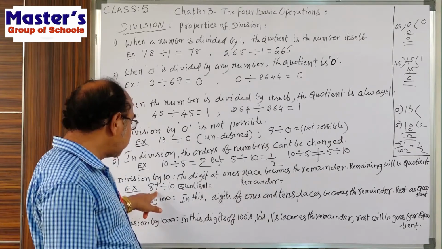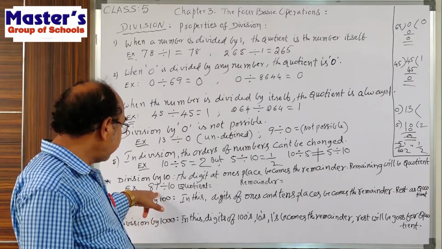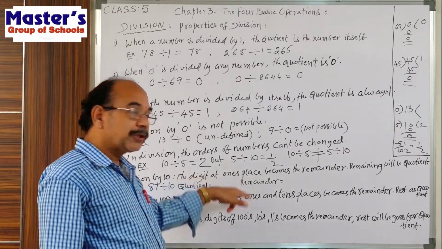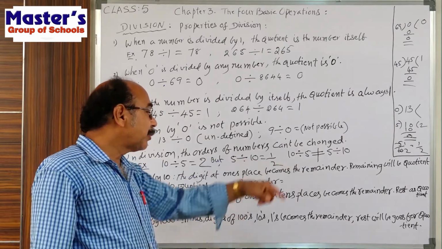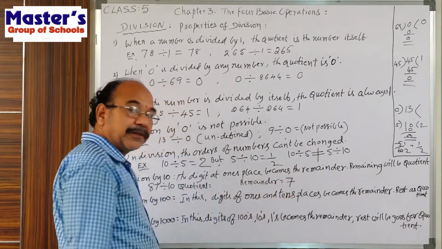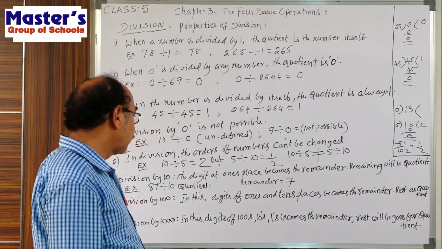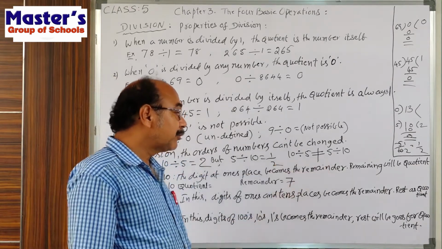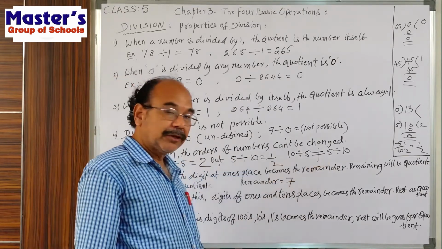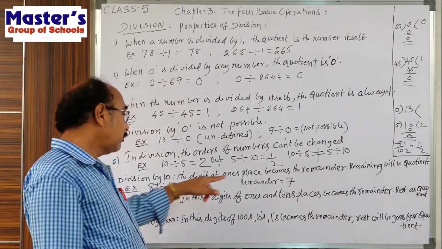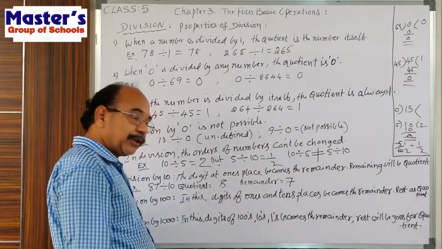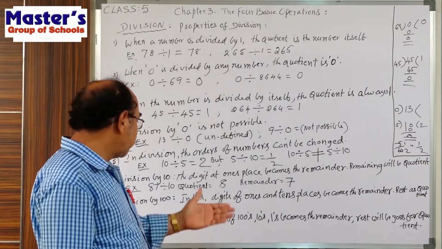What is the one's place digit in the dividend 87? 7. It becomes the remainder. So 7 is the remainder. Now, the remaining digits will be the quotient. What is the remaining digit? 8. 8 is the quotient.